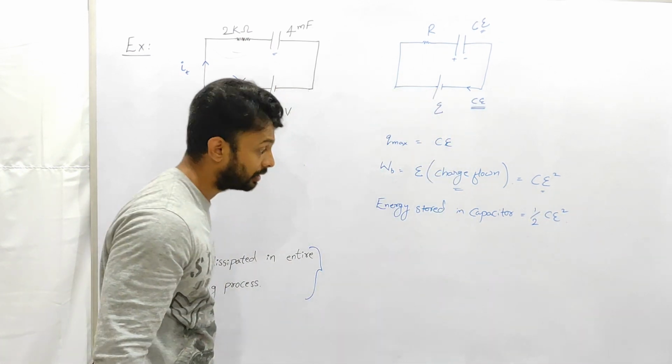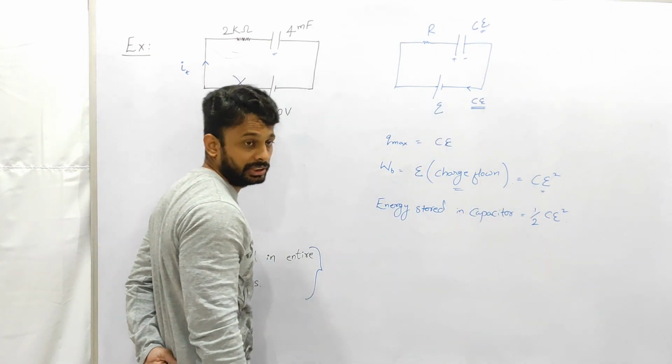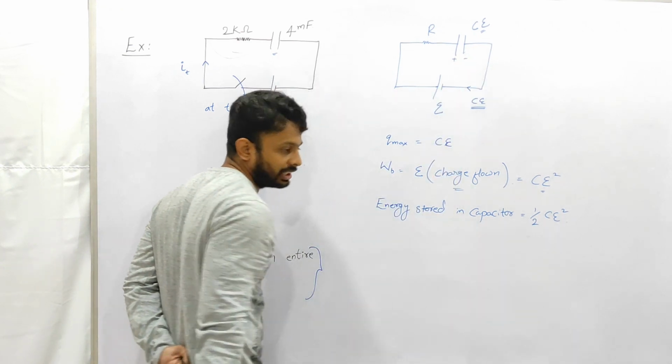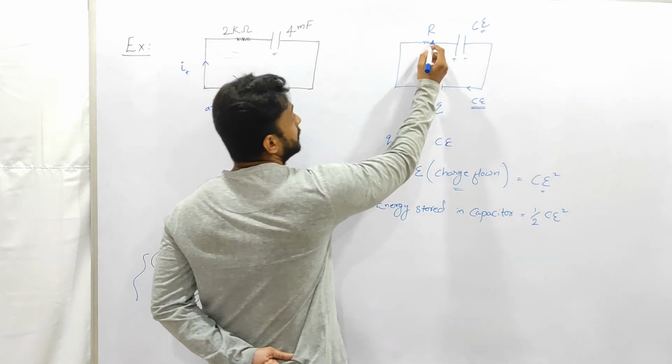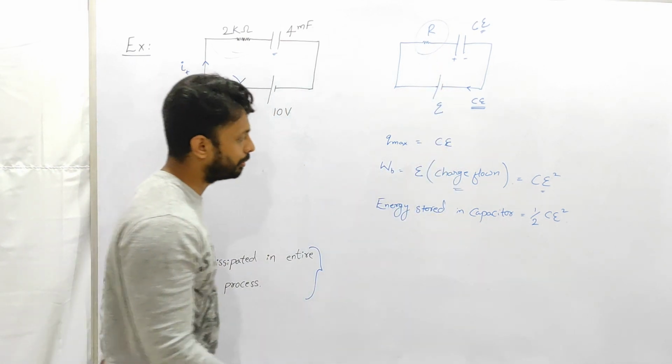We know this. That means the battery is supplying CE square energy. Out of that, half CE square energy is stored in the capacitor. That means the remaining energy should be lost in the resistor in the form of heat.